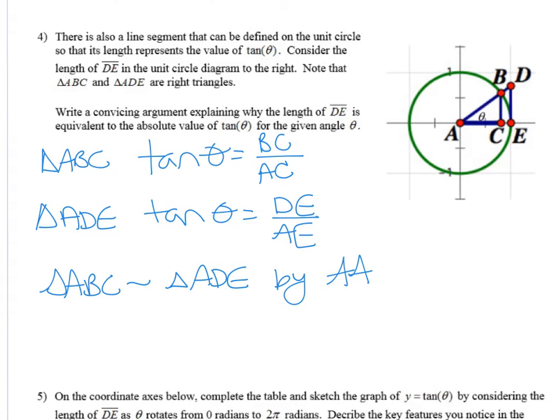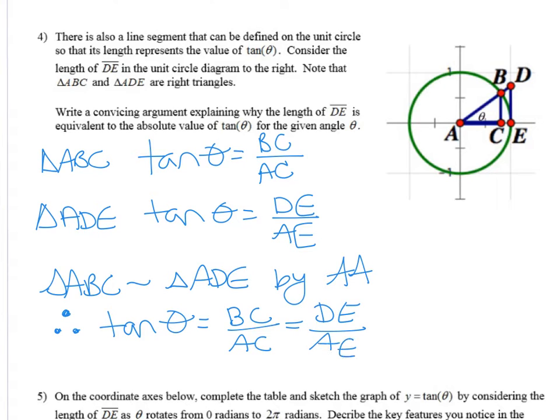Because they're similar, we can say, therefore, this is a symbol for therefore, tangent of theta equals BC over AC, which is also equal to DE over AE. If both equal tangent of theta, they're equal to each other. It's a unit circle. So the radius is 1.